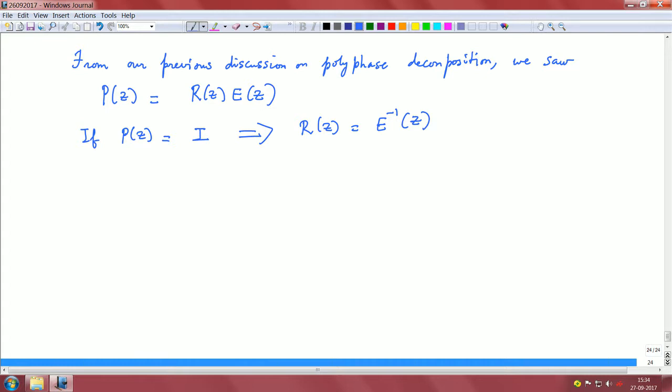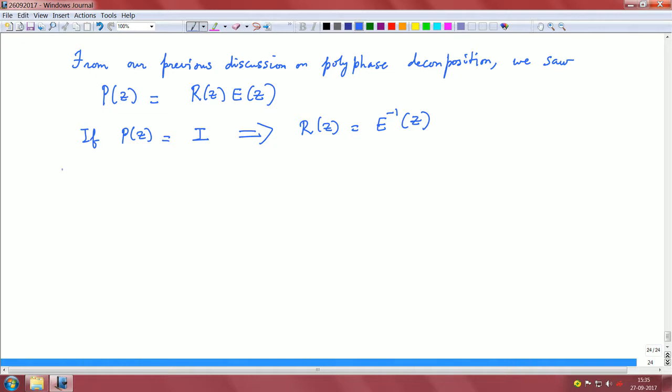Now, one of the questions that we have to ask is, are there necessary and sufficient conditions for the perfect reconstruction property to be holding, and if so, what should be the nature of P of z for a simple 2 channel filter bank, and then we can extend this.